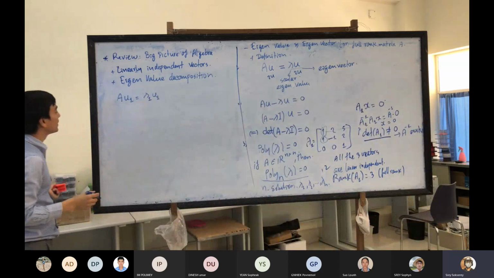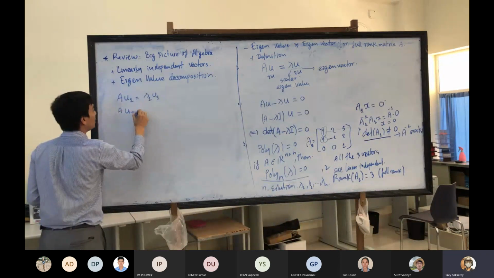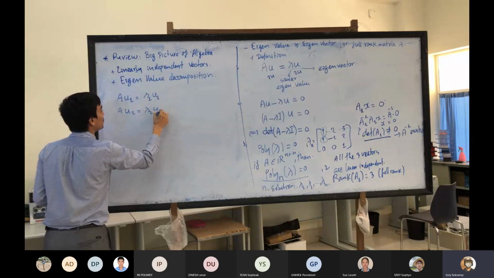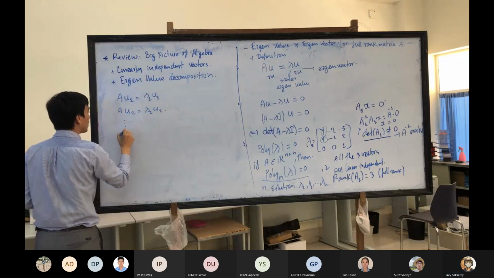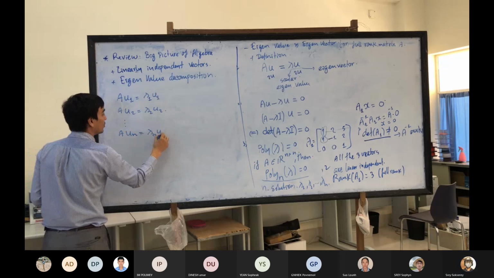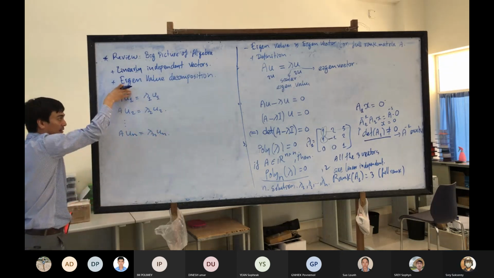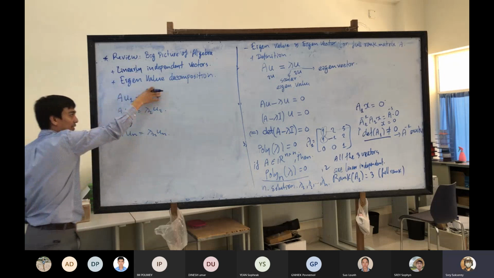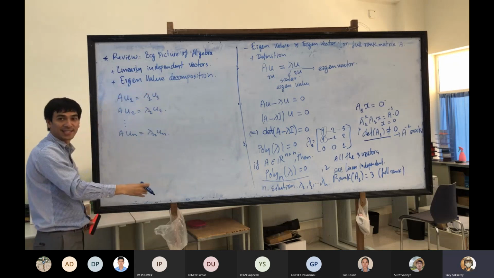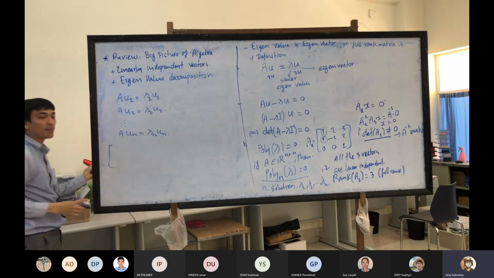And then I also have A U2 equal to lambda 2 U2, then A Un equal to lambda n Un. So these are columns, right? So now I put all columns together to make a big matrix.